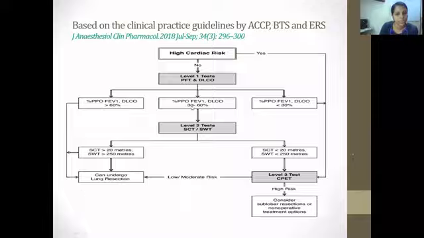If it is between 30 to 60%, that is a borderline patient, and they have to go to level 2 tests. That includes the shuttle walk test and stair climbing test. If the climbing test is more than 22 meters and the walk test is more than 250 meters, these patients can undergo lung resection. If the climbing test is less than 22 meters and the walk test less than 250 meters, in these patients we have to do CPET.